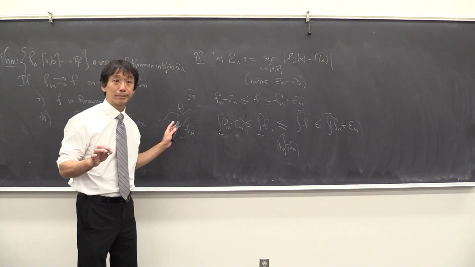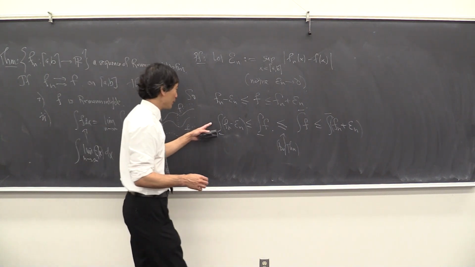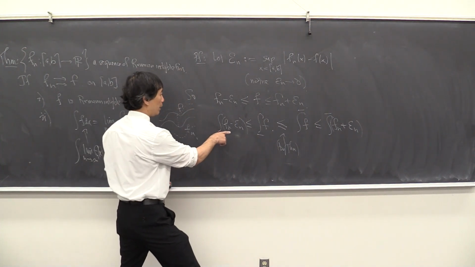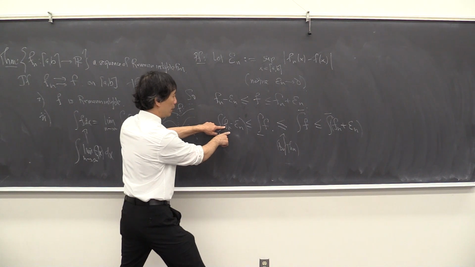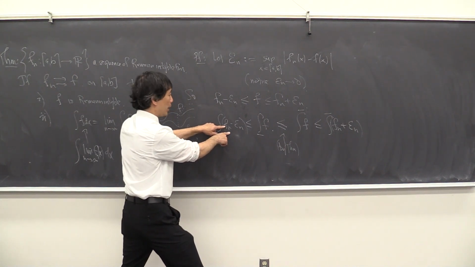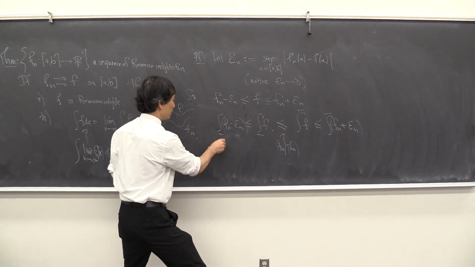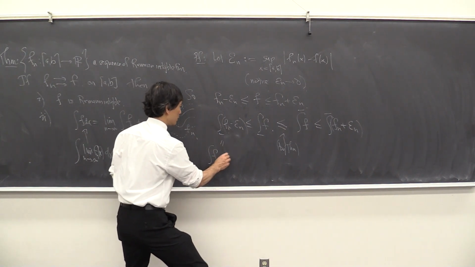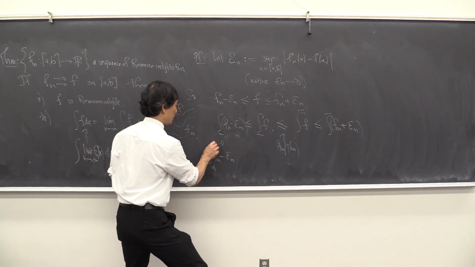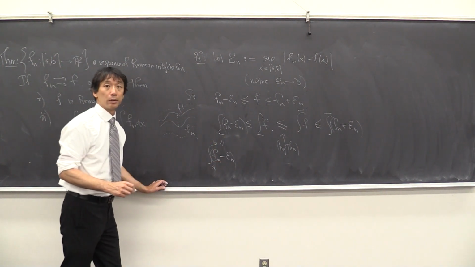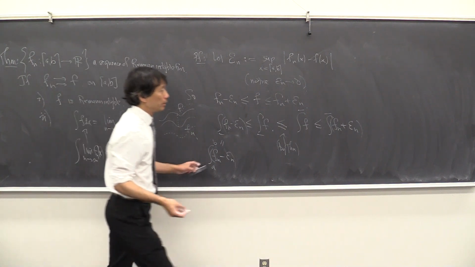Okay, everybody all right? Nothing going on here. So now remember the f sub n's are Riemann integrable, right? So when we take the lower integral of this, this is going to be just this. Right?